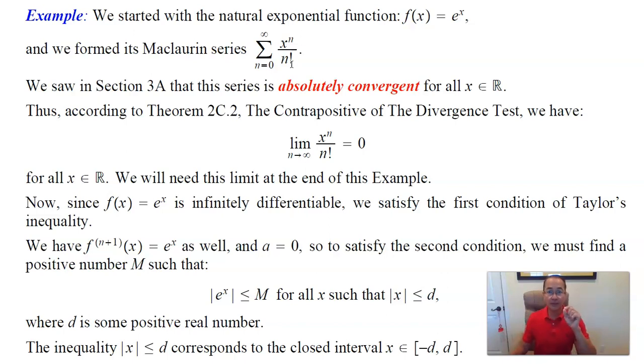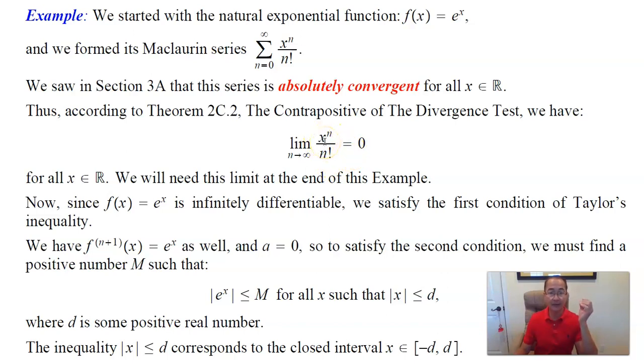So the contrapositive, which we mentioned in the proof, is if the series does converge, then the terms of the series must go to zero. So since this series converges, in fact converges absolutely, the terms x to the n over n factorial must converge to zero. And we can see this.